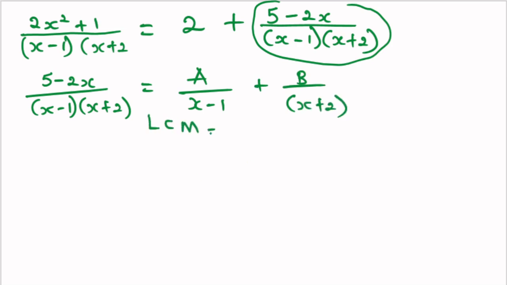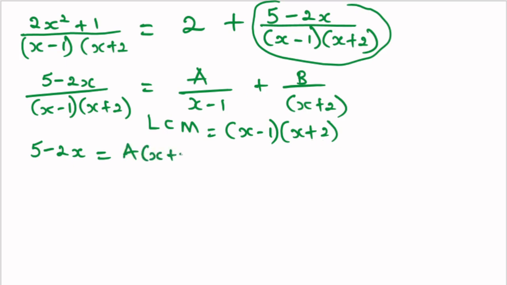LCM is equal to x minus 1 x plus 2. x minus 1 x plus 2 divided by x minus 1 x plus 2 will have 1. 1 times 5 minus 2x will have 5 minus 2x equal to x minus 1 x plus 2 divided by x minus 1. We are left with x plus 2 times A bracket x plus 2, plus x minus 1 x plus 2 divided by x plus 2. We have x minus 1 times B bracket x minus 1.